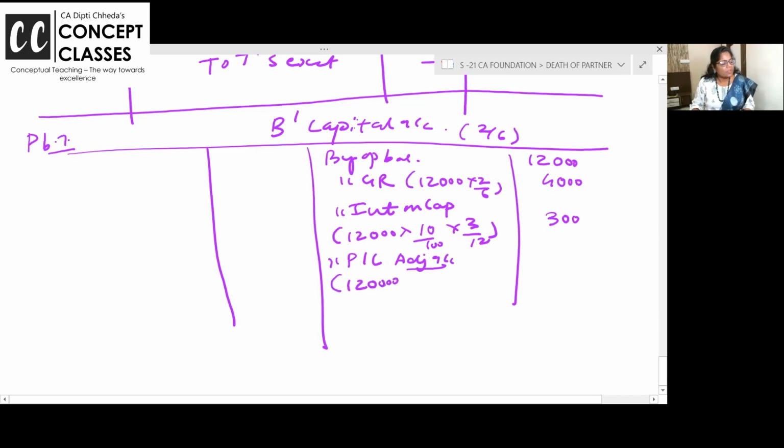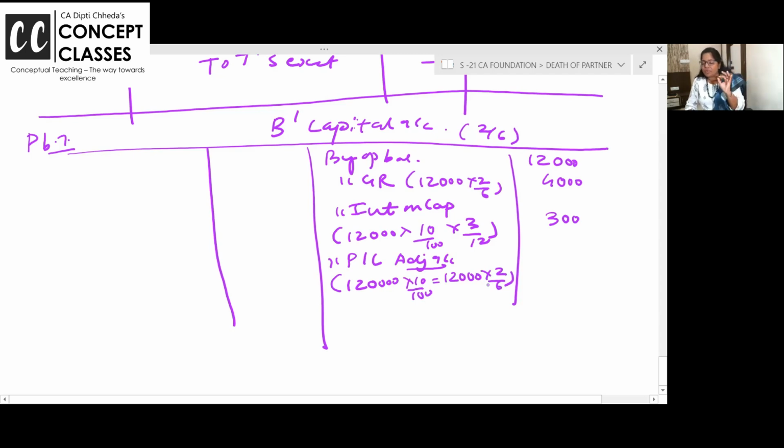What is the turnover? 1,20,000. Sales for this period was 120 and profit is 10%. So it's coming to 12,000.